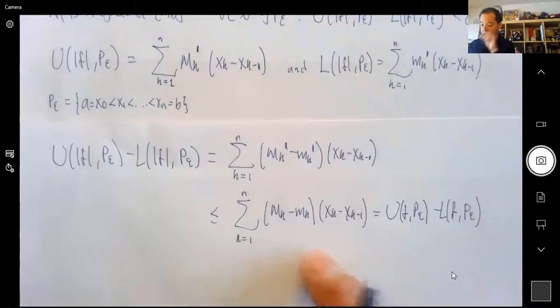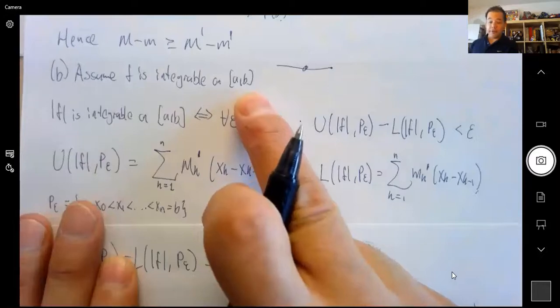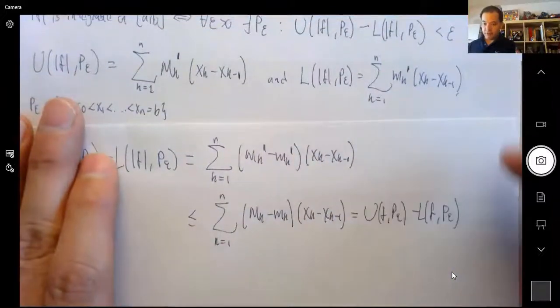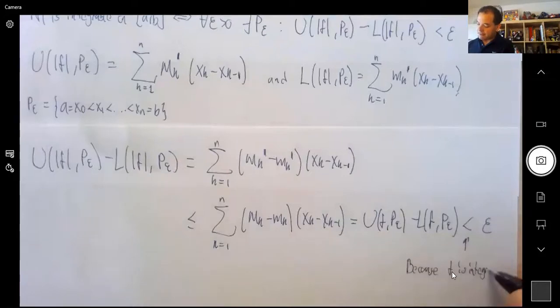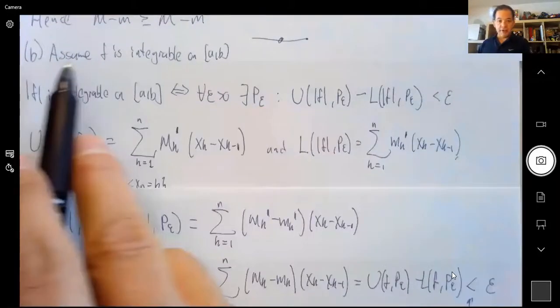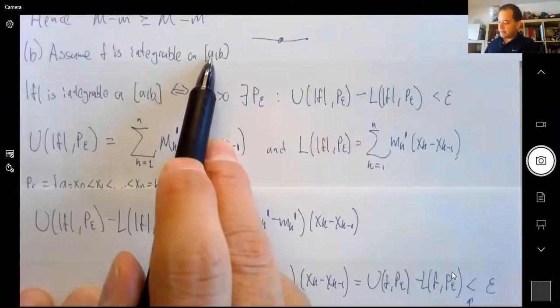And we already know that f is integrable. That's our assumption. Because f is integrable, there is a partition P epsilon that makes this less than epsilon. I'm not writing it precisely here, so let me say how the proof should be written correctly. You say f is integrable, and because f is integrable, there is a partition P epsilon that makes this happen.